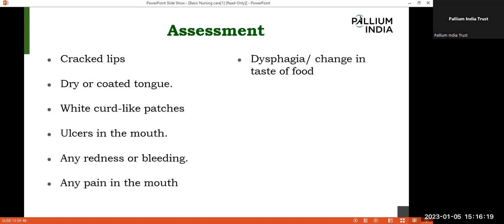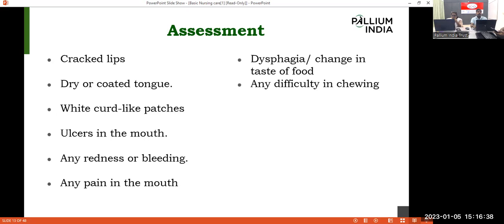Maybe it is due to oral thrush or oral candidiasis also. Superficially, on assessment the tongue may show oral candidiasis, but maybe it will extend to the inner side also. The inner digestive system may also be affected. So we need to assess that and do the management.